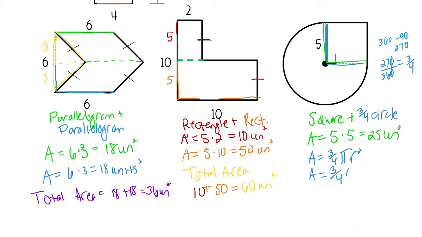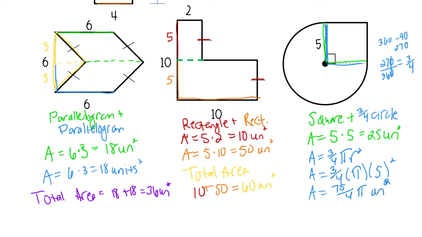So 3/4 times pi times 5 squared. 25 times 3 is 75. So 75 over 4 pi units squared.